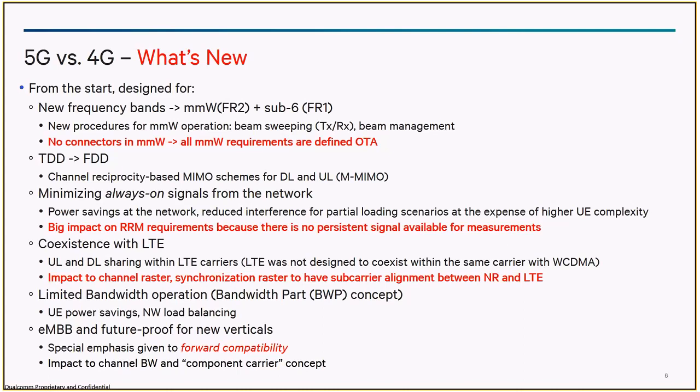Apart from that, there is a new concept where an actual network can be deployed in a wider bandwidth than what the UE supports. For example, a UE supports only 100 megahertz bandwidth in FR1, but a network can deploy in FR1 a 400 megahertz channel, and then have 4 UEs split between the 100 megahertz portions in that 400 megahertz bandwidth.